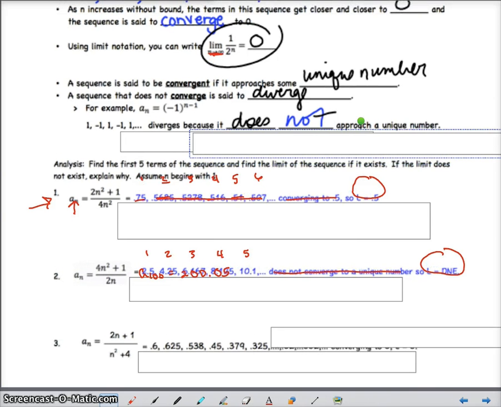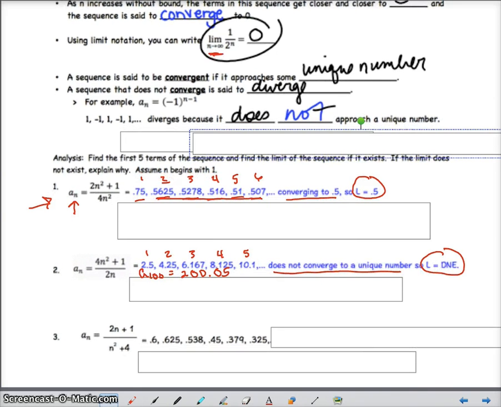So far, when I look at the first terms, when n equals 1, 2, 3, 4, 5, and even the 6th term, I might be tempted to stop right here and say, okay, well, it's converging on 3. But I don't see a clear change like I did in number 1. I don't see an overt divergence like I did in number 2, so I'm going to keep going.